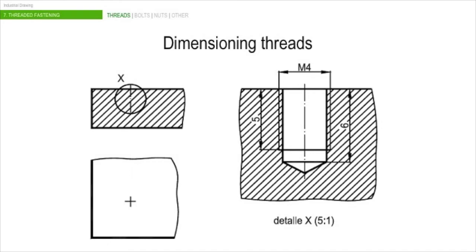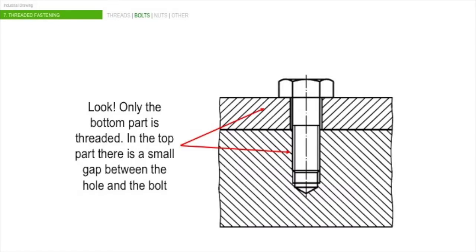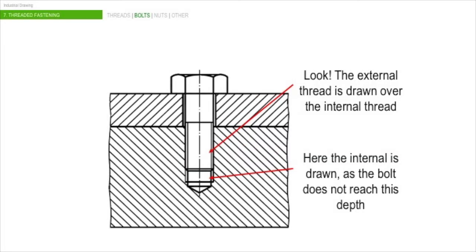You also can see in the left image how to indicate a hole in a simplified way. In external threads, we're going to use only 2 dimensions, one for the diameter and another for the length of the threaded part. Let's talk now about bolts.